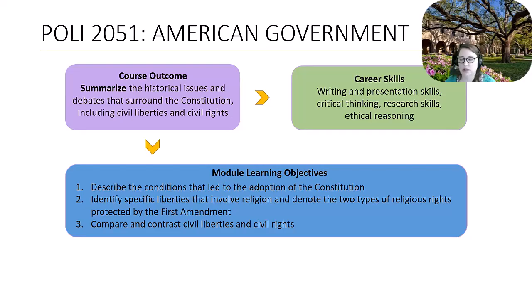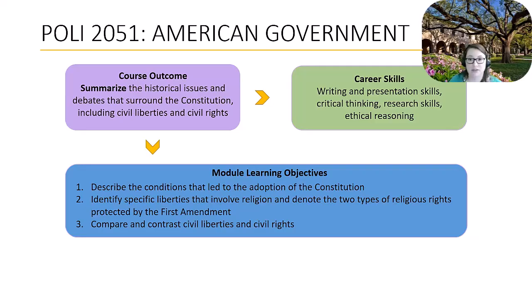So we begin with the lower level action verb describe, and then we move up into compare and contrast. So we're starting with more of a foundational knowledge, but even within this unit, we are moving up that Bloom's taxonomy framework.